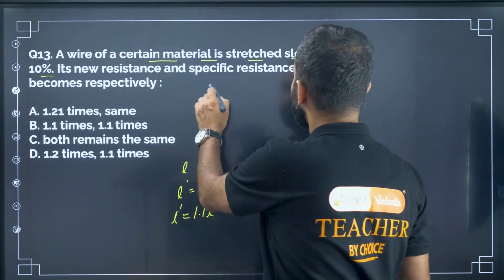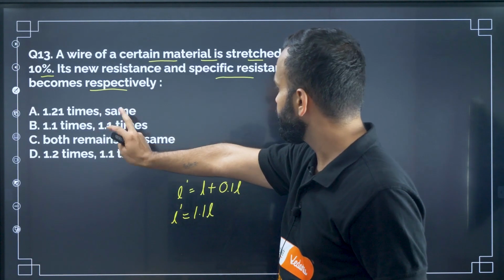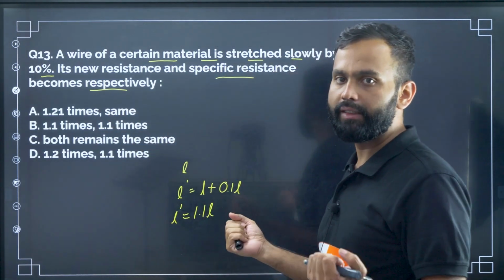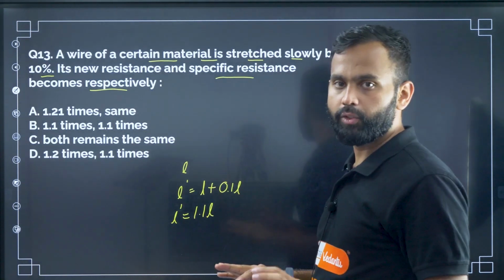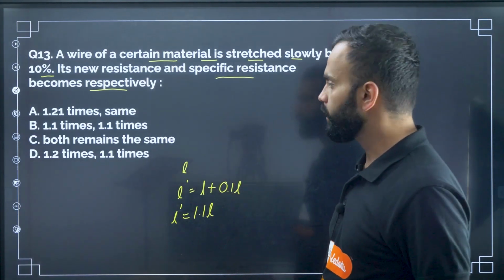Its new resistance and specific resistance become respectively. Option A says 1.21 times, same. See, anyway, specific resistance is the same. If you increase or decrease the length, specific resistance does not change. If you increase or decrease the temperature, specific resistance will change, right?